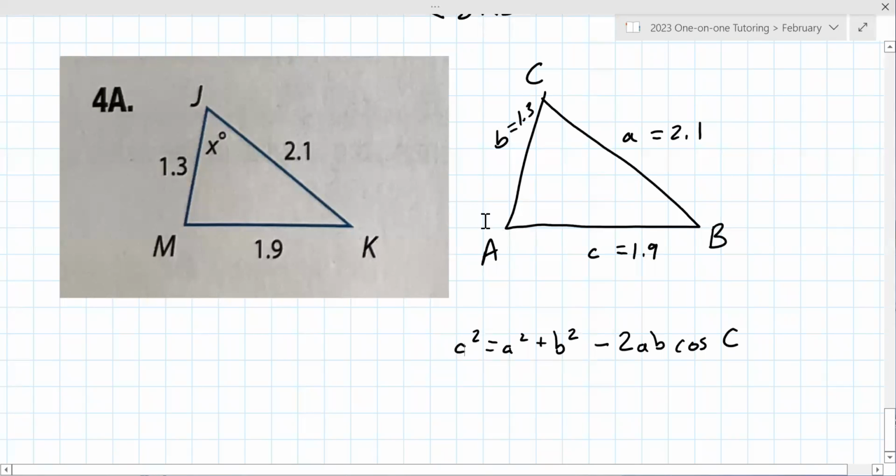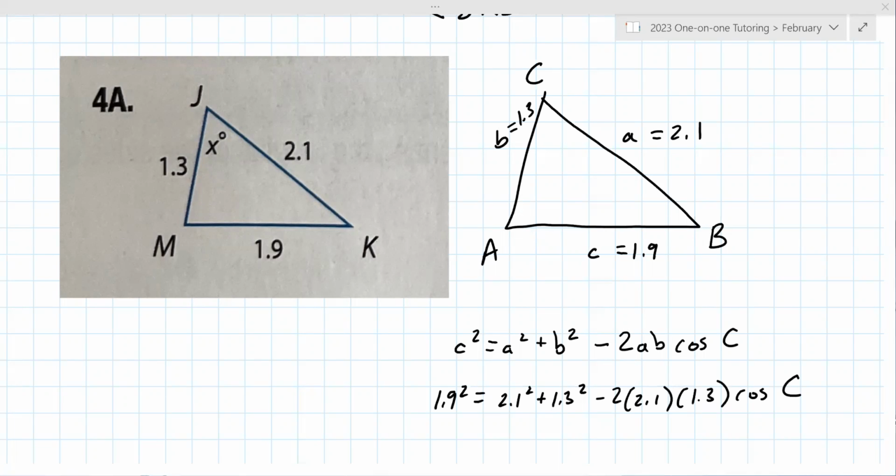All right. Now it's just a matter of putting the numbers in. You could solve for the C, but I would actually in this case put the numbers in. So it's 1.9 squared equals 2.1 squared plus 1.3 squared minus 2 times 2.1 times 1.3 cosine of big C. So just putting all those numbers in that were given.